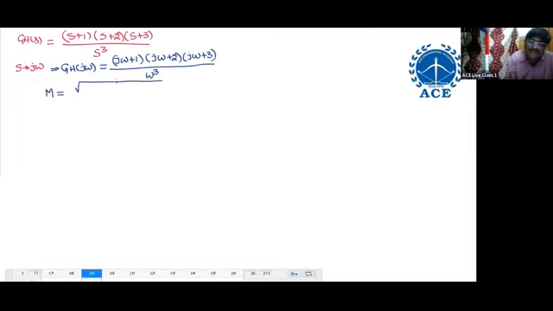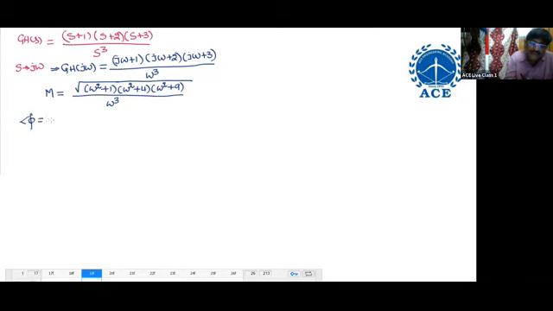The magnitude is the root of omega square plus 1, omega square plus 4, omega square plus 9, divided by omega cube.